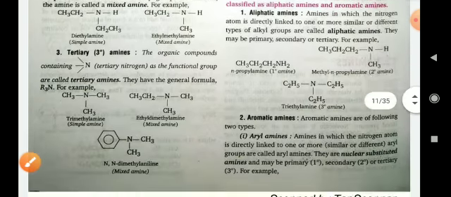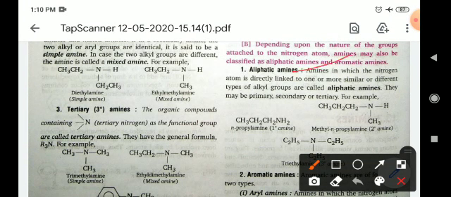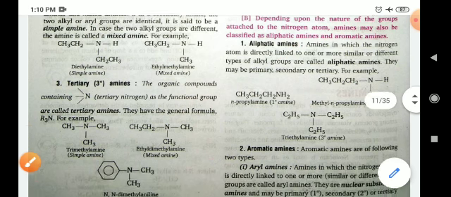Okay, now classification depending upon the nature of the group. Aliphatic amines are amines in which the nitrogen atom is directly linked to one or more similar or different alkyl groups; then they are known as aliphatic amines.